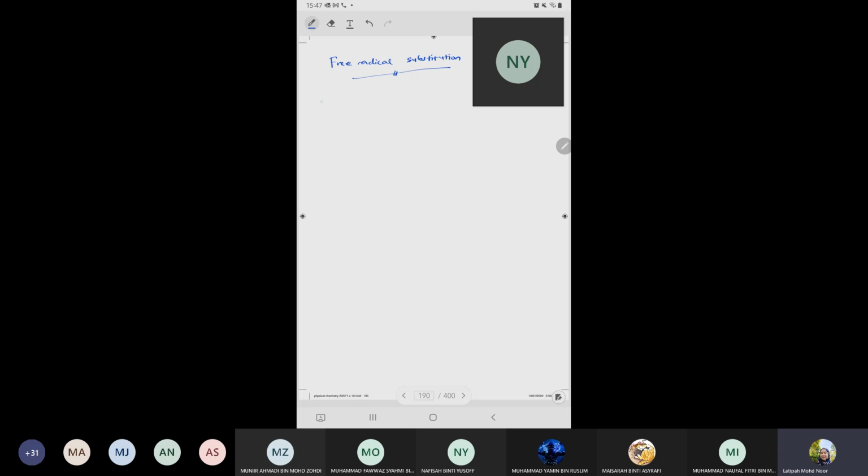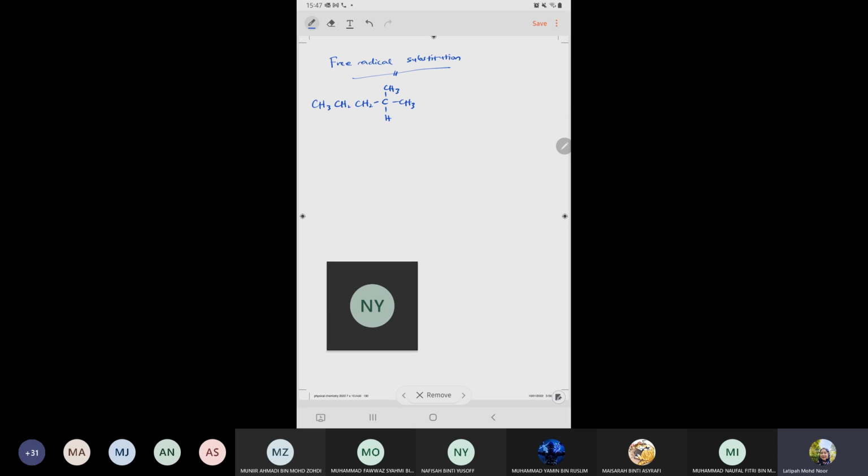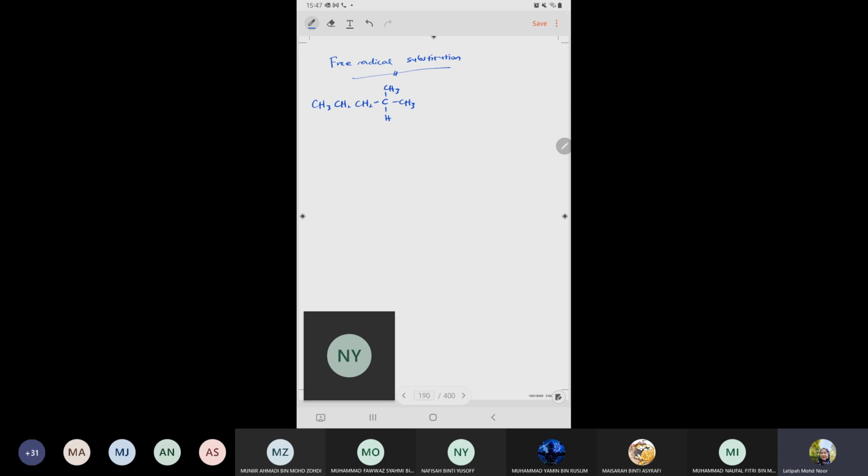Okay, kita tulis balik dia punya equation. Kita ada CH3, CH2, CH2, C, CH3, CH3, H. Betul? 1, 2, 3, 4, 5. Okay, tambah dengan Br2 UV. So, dapat apa tadi?